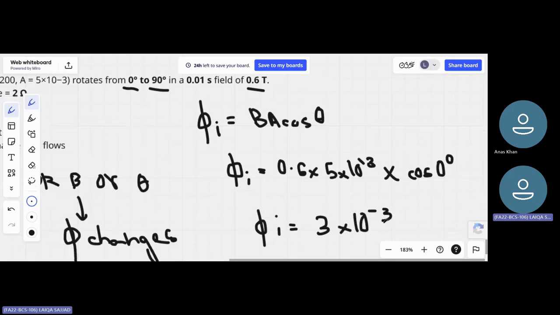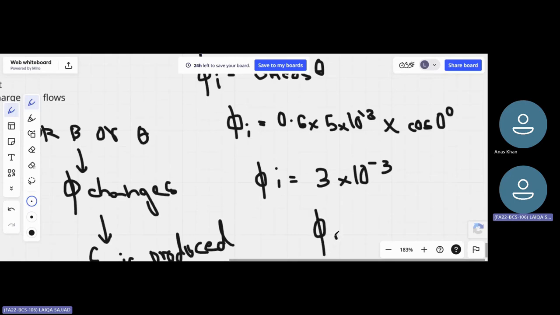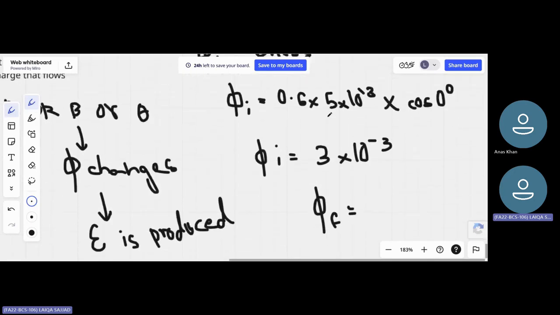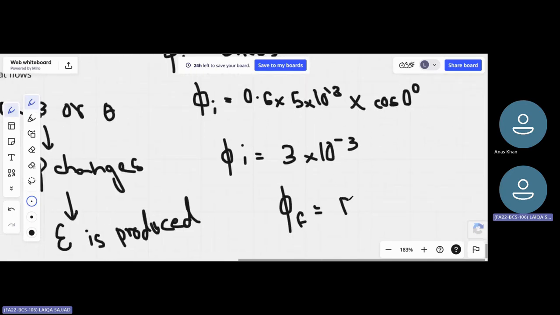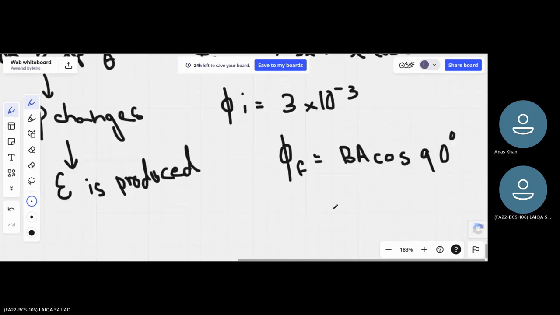Now we have to find the value for the final flux. Here the value for theta is 90, so it would be BA cos 90. And we know cos 90 is 0. So the final flux would be 0.